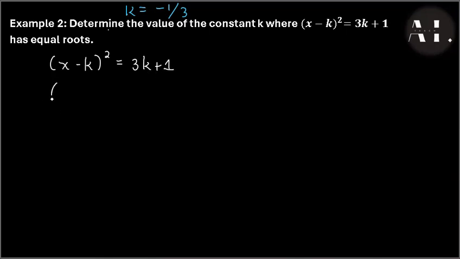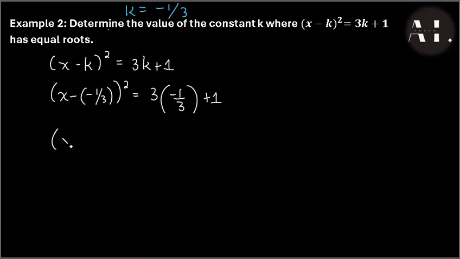Substituting the value of k, we have x minus the negative of 1/3, then multiplying 3 to the value of k. Further simplifying, the negative of negative is a positive value. So we can rewrite this expression as x plus 1/3.